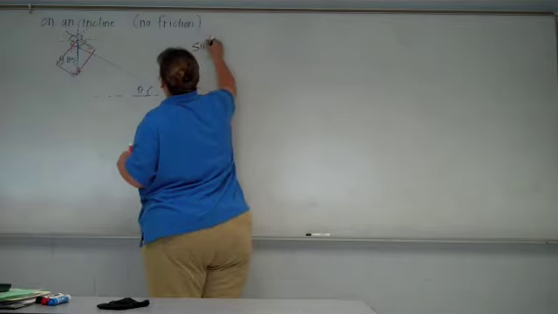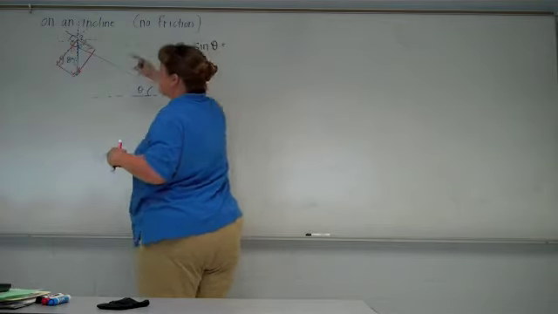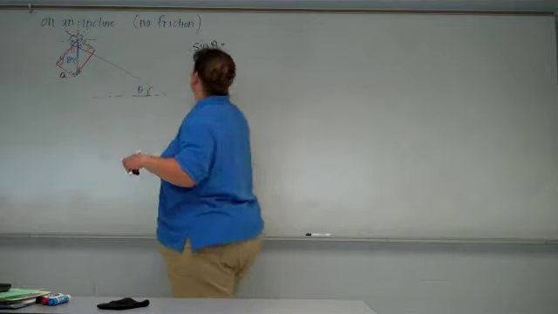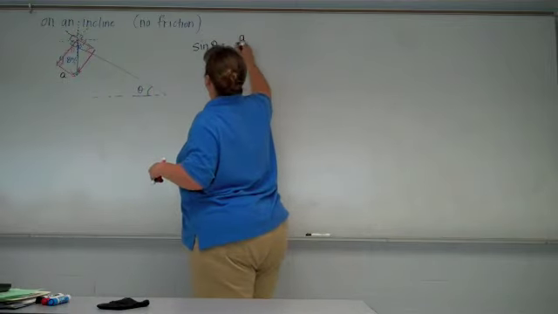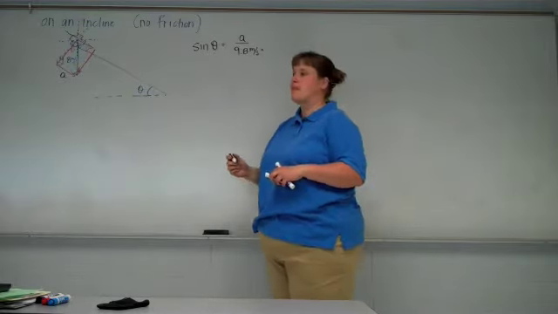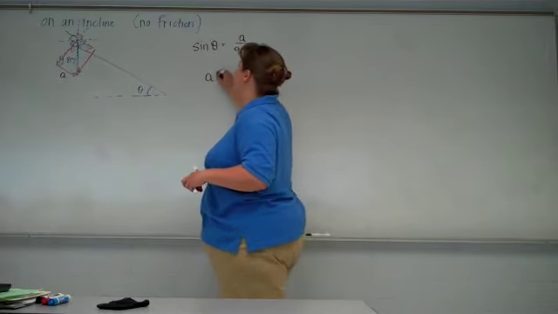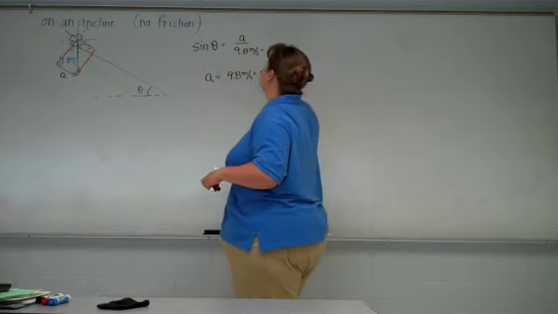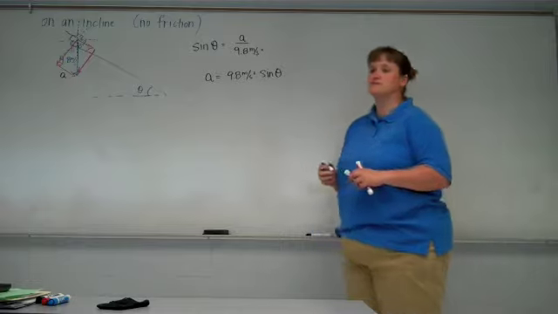The sine of that angle is going to be this side. I'm just going to call it A for our acceleration. It'll be A over the 9.8 meters per second squared. That means our acceleration, A, is 9.8 meters per second squared times the sine of our angle.